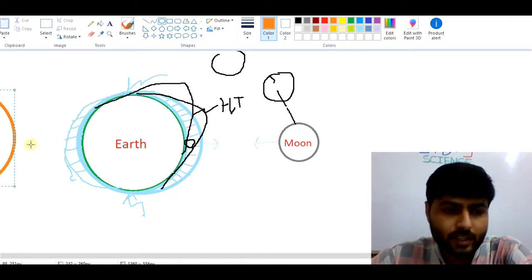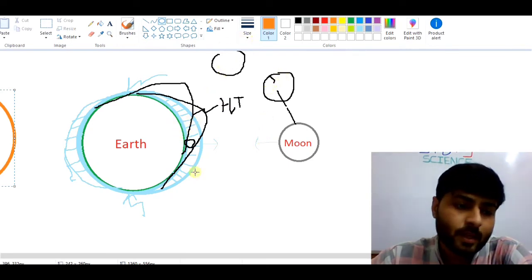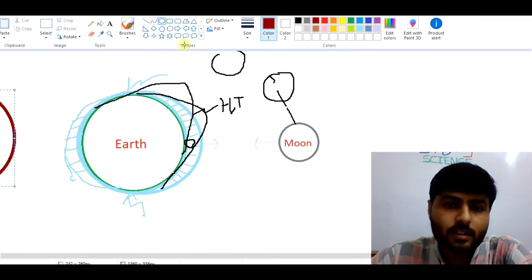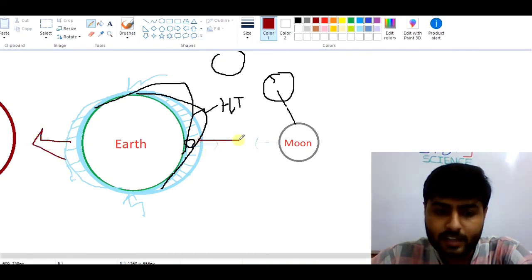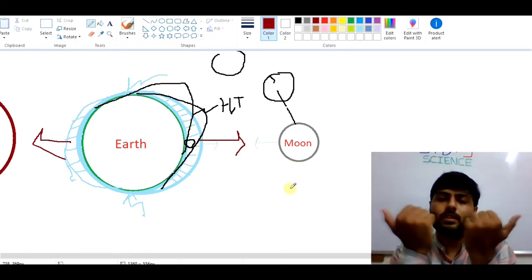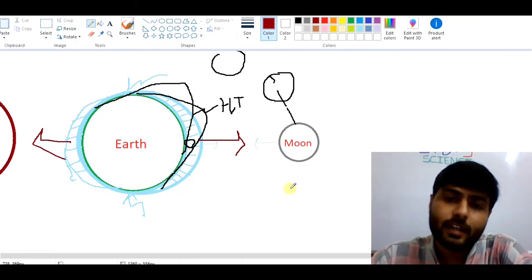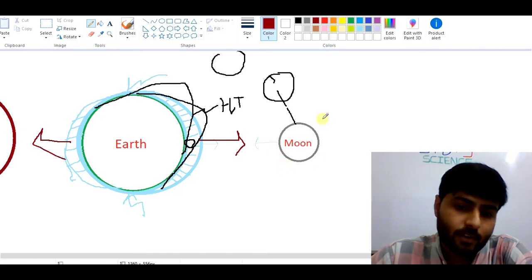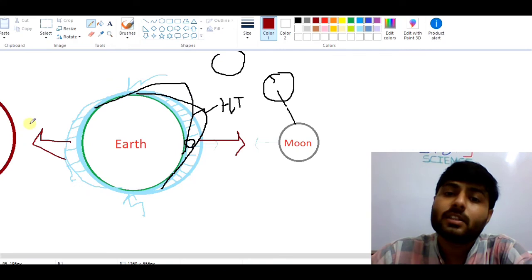In this situation, it tries to oppose or lower the effect of moon's gravitational force, because this sun tries to pull this water towards it and moon tries to pull this towards it, so this is opposite force and it will create a diminishing effect. So the effect of pulling of moon will be diminished by sun.